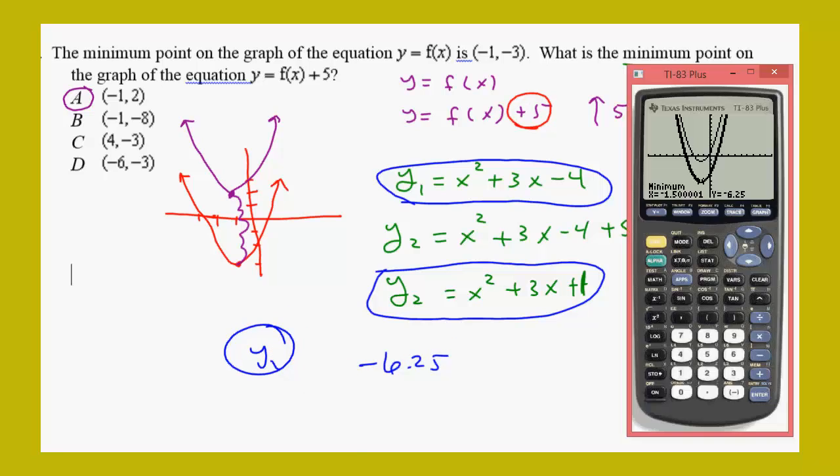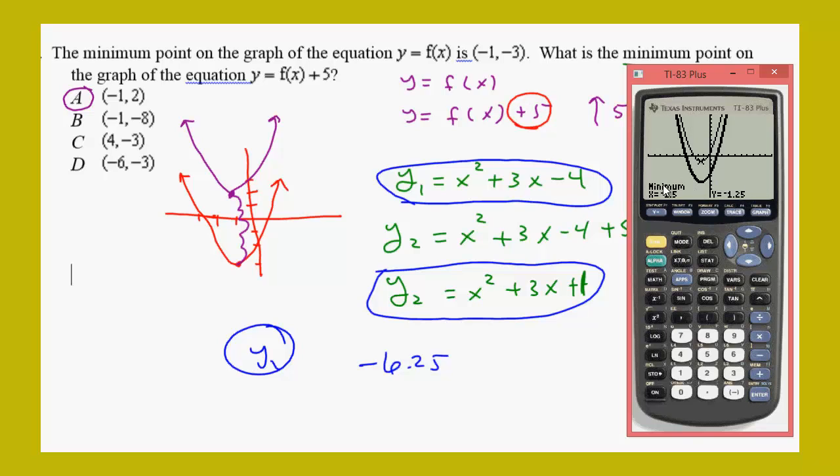For the second equation, you have to find the minimum of the second one. You see the cursor here, you want to move the cursor up this way. For the left and right bound, you have to move the cursor with the left and right arrows, not the up or down ones. Guess where the minimum is? Here is the minimum.